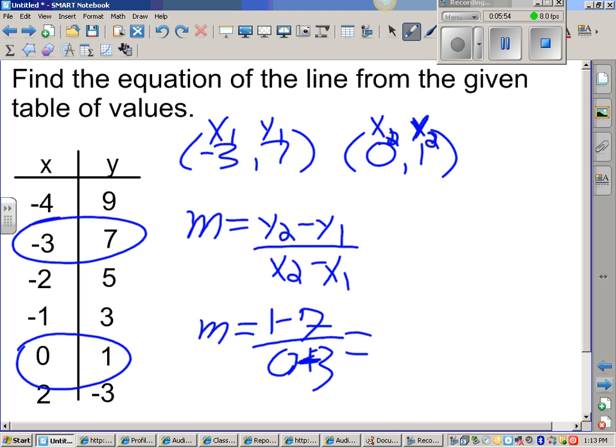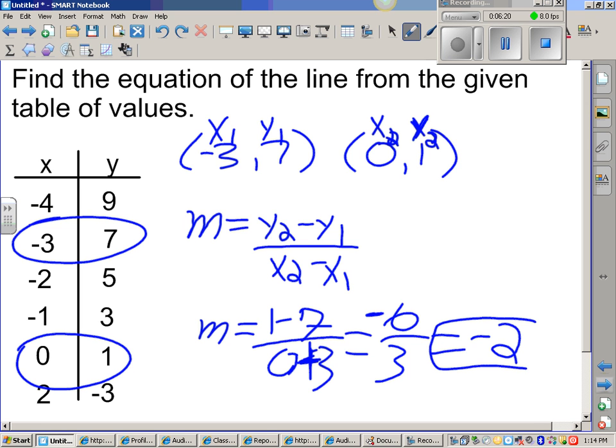Correct, that's where the positive came from. Good. 1 minus 7, the negatives win by 6. So you get negative 6 over 3, which can be reduced down to -2. Very nice job finding slope.